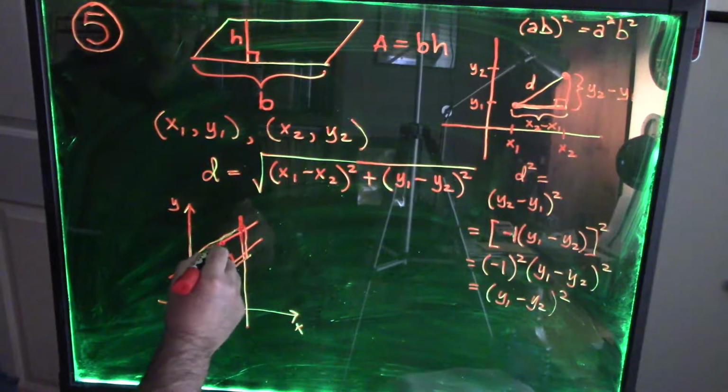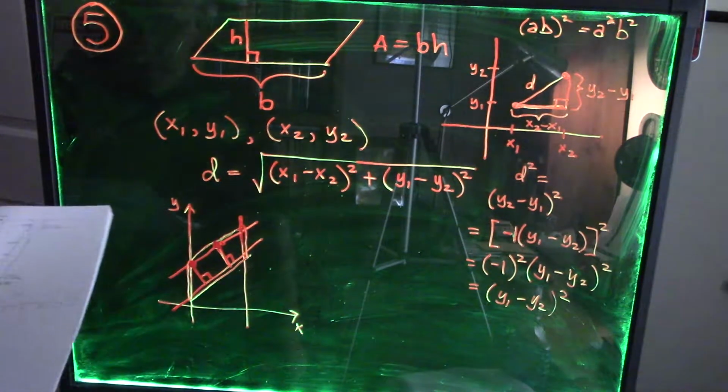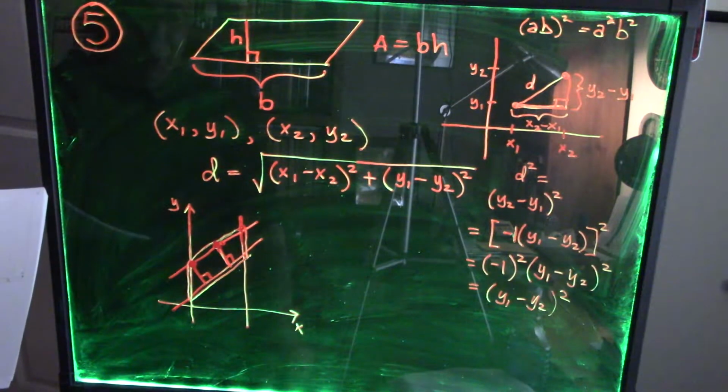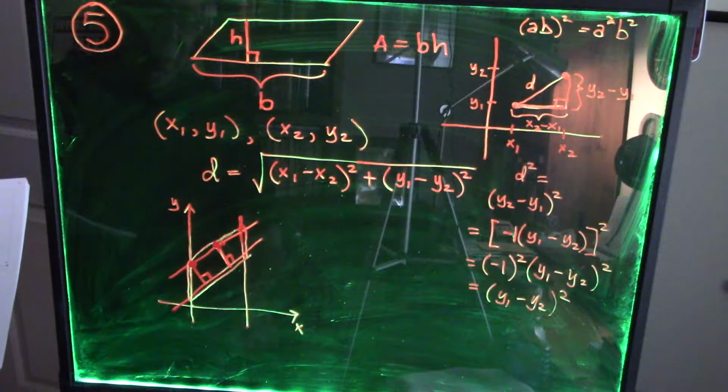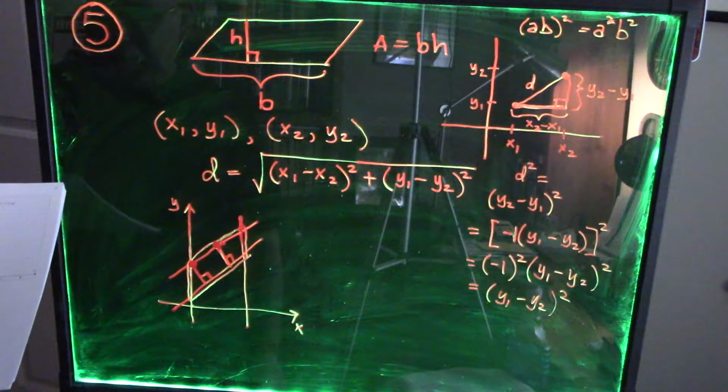Let's say that's 2, 7 right there. You could use that as a reference point, sure, but it'll involve a little more work. Why bother with a little more work? Do it the smart way. Get zeros wherever you can.